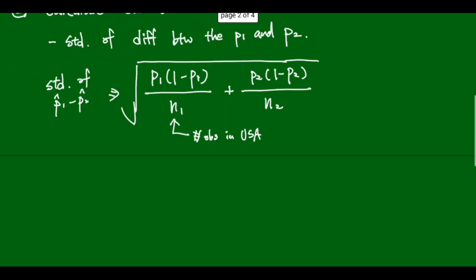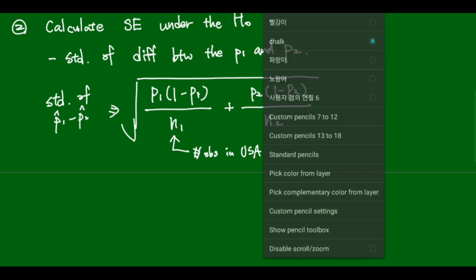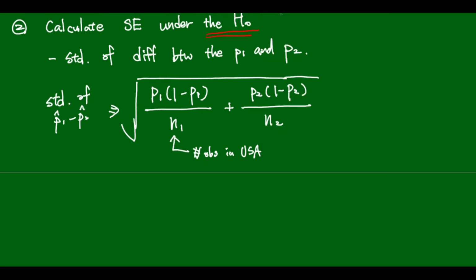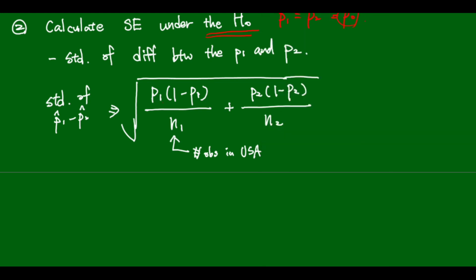However, under the null hypothesis we are assuming that P1 and P2 are the same. Let's call this P naught, equal to P1 and P2. What I mean is that these terms are P1 and these are P2.